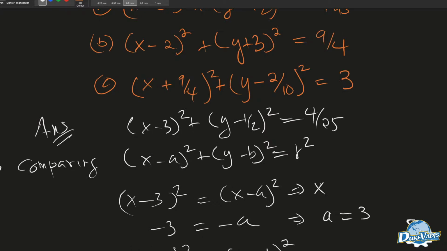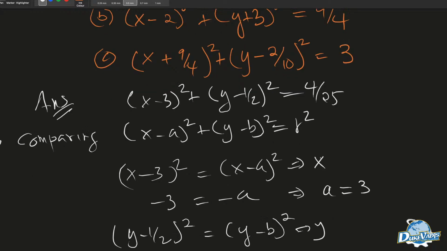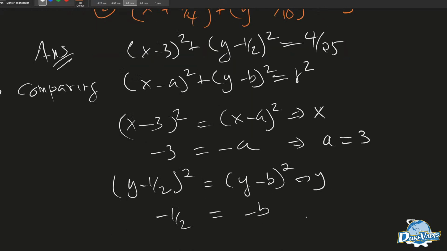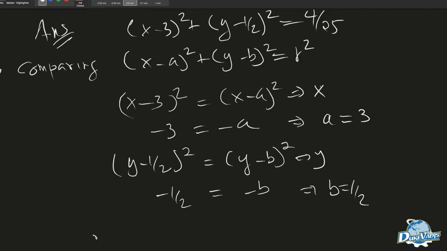When we compare, minus half equals minus b, so b is equal to half. Therefore our center is 3 and half.